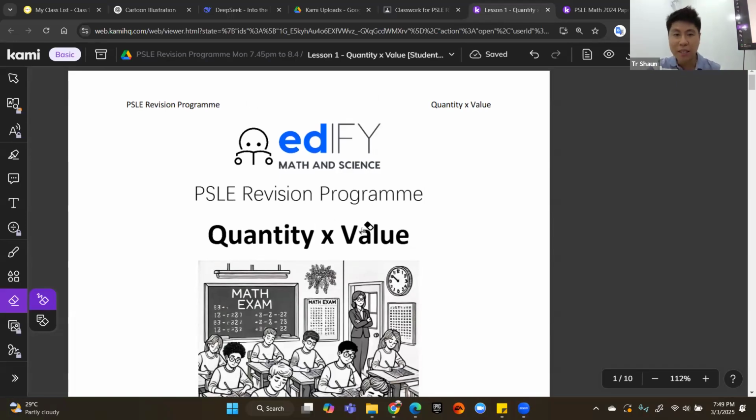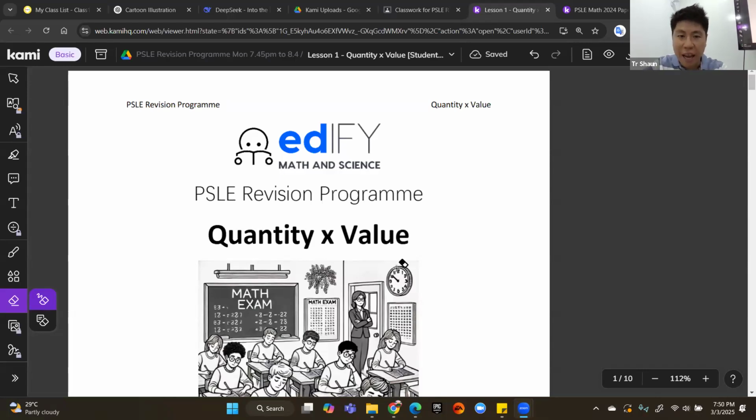Okay. So let's start. Quantity times value is a very common question that you usually will see in your prelims and in PSLE. I've been looking through 12 years of PSLE papers. This quantity times value question came out 4 times over the last 12 years. So there's a chance that it comes out this year.